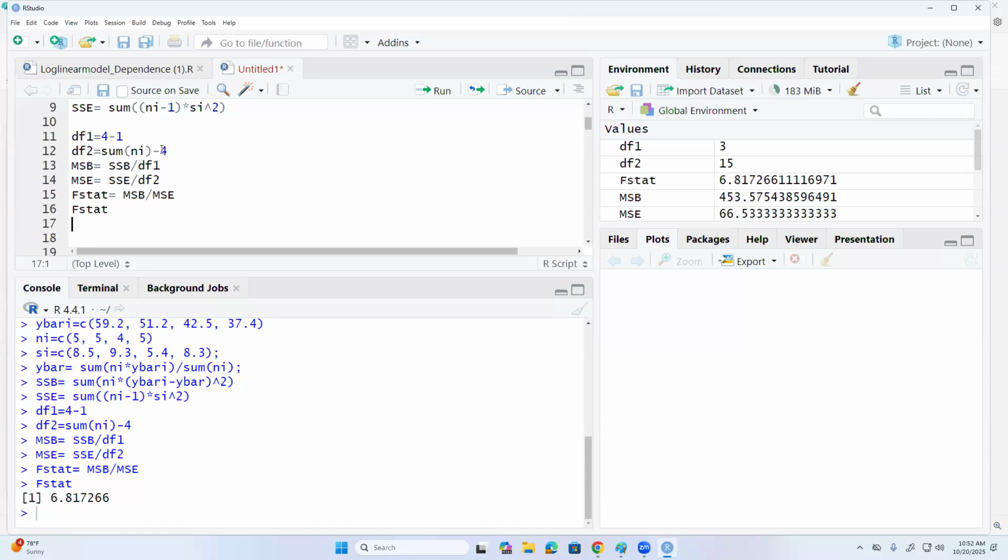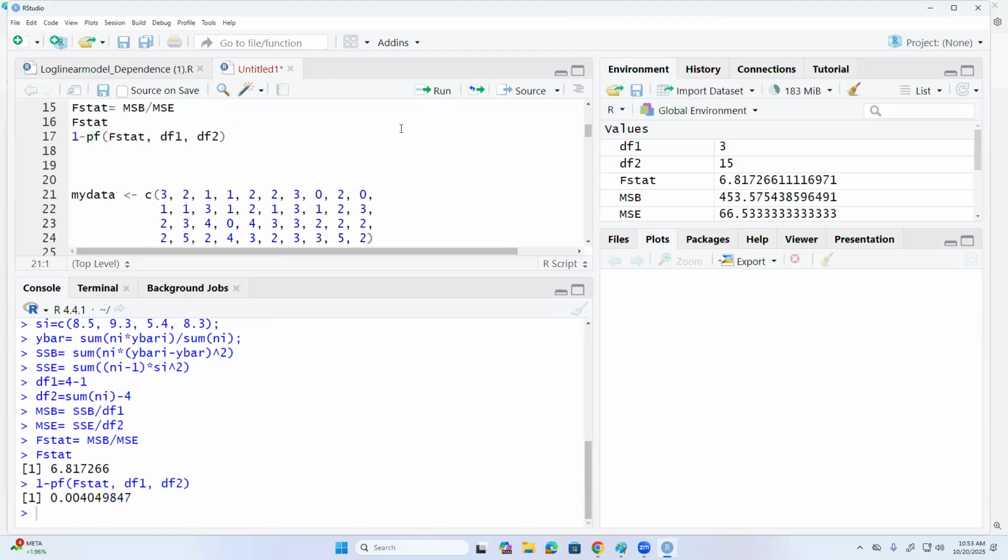So I calculate the lower tail area and subtract it from 1. So 1 minus pf, where pf stands for the cumulative probability of the F distribution, with F stat, df1, df2. So this is our p-value.